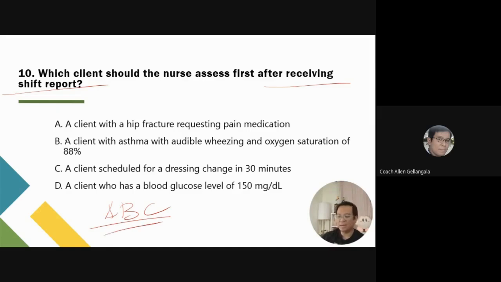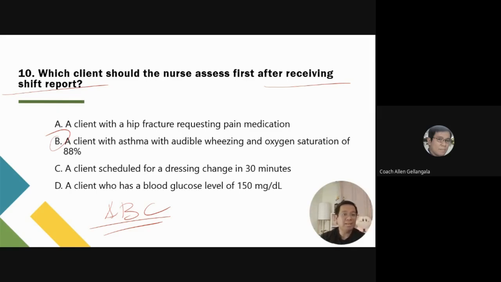That is letter B. Okay? Because that is an airway and a breathing problem at the same time. Breathing in a sense that there is no effective saturation. 88 is already desaturation. Airway because asthma constricts the airway. That's why you have audible wheezing.